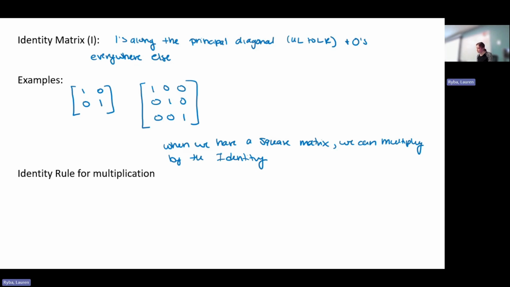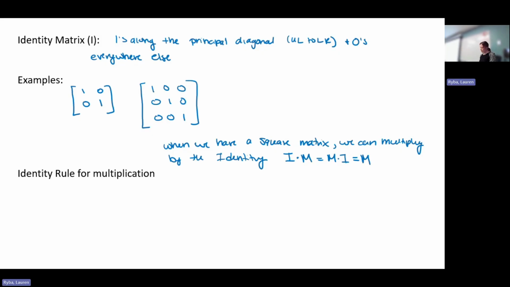And what's going to happen is the following. I take any identity times its corresponding square matrix, or I do it the other order, the square matrix times its identity. It's not going to change the results. It's still going to stay exactly the same.